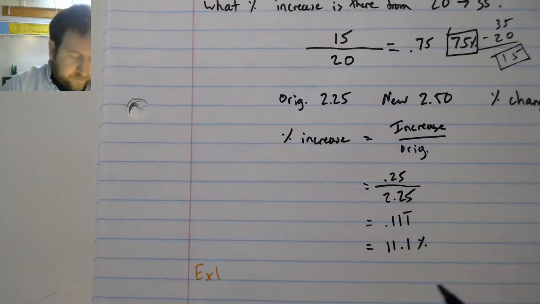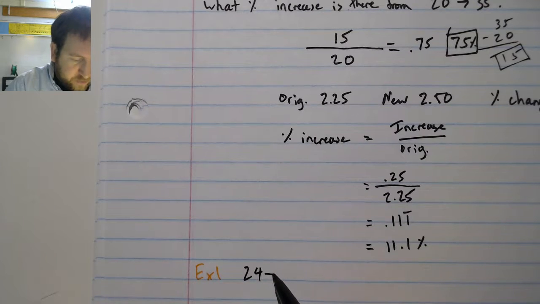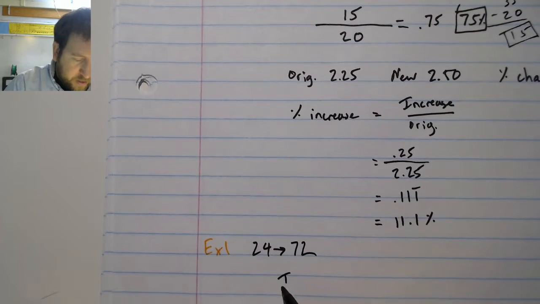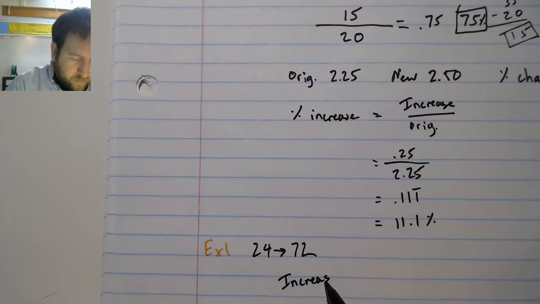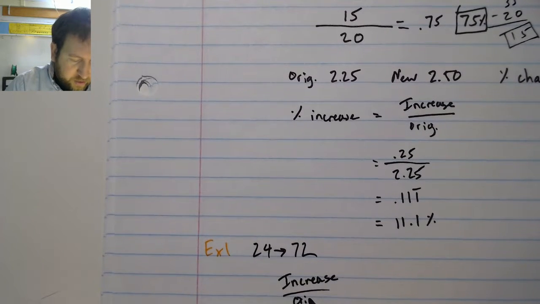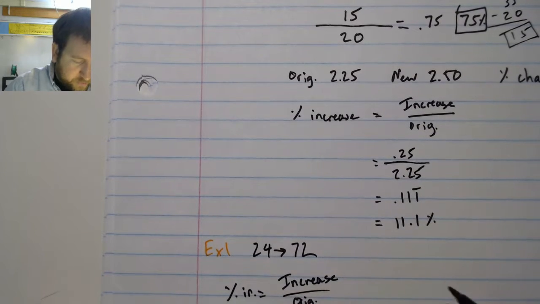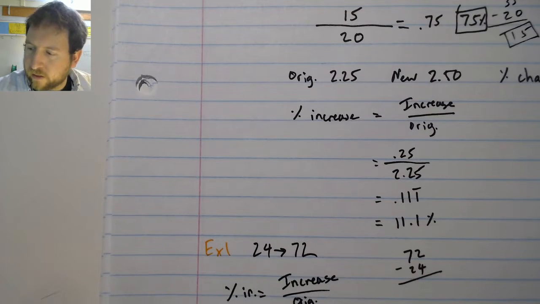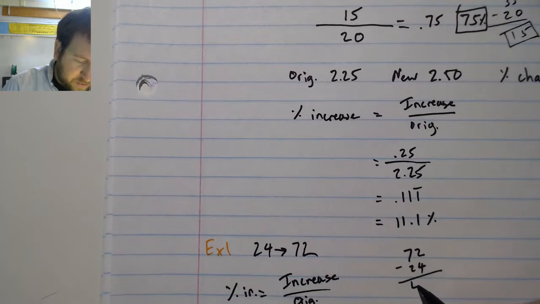We're going to go from 24 to 72. Increase over original equals the percent increase. That gives me the increase. I'm going to do 72 minus 24. I'm going to put that in my calculator because I don't want to make a mistake and have you guys catch me on it.